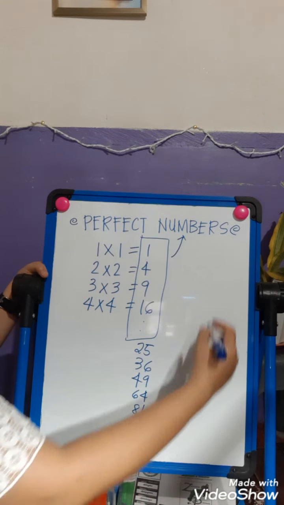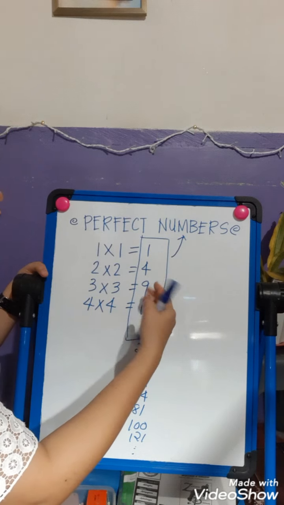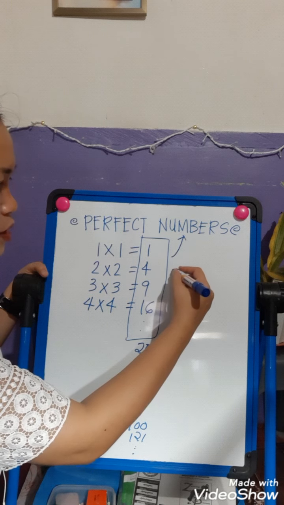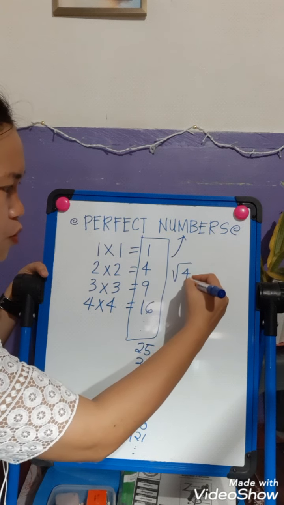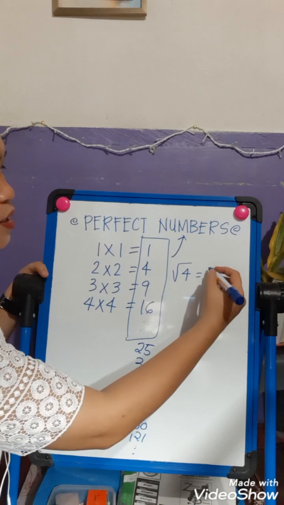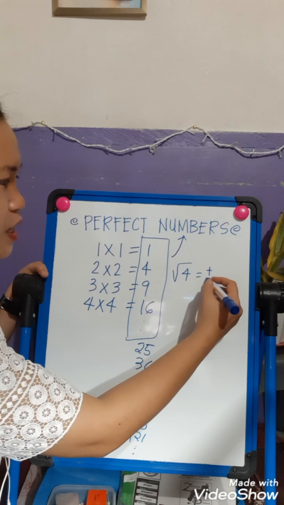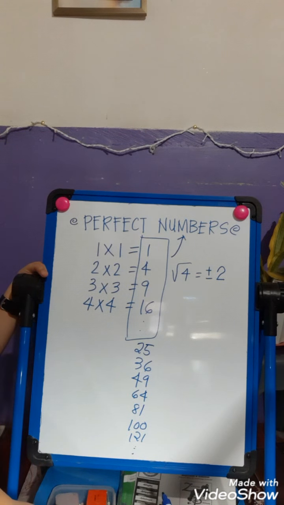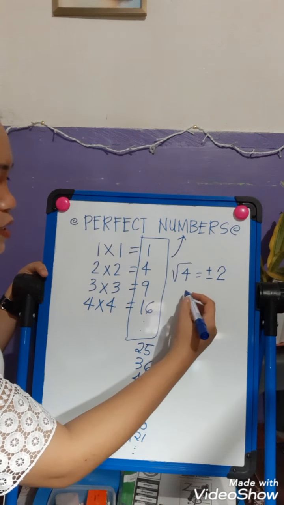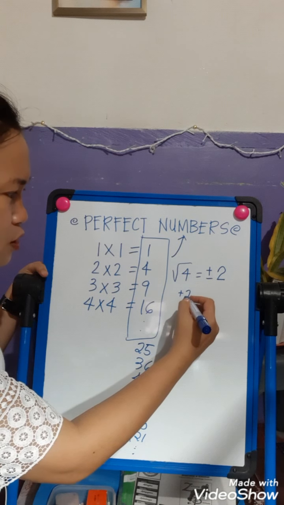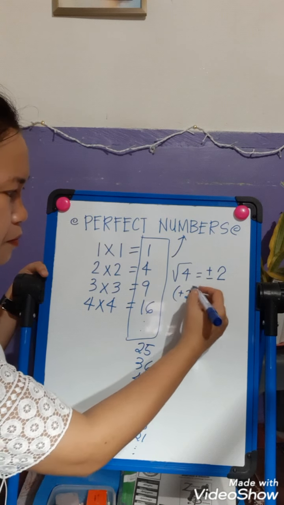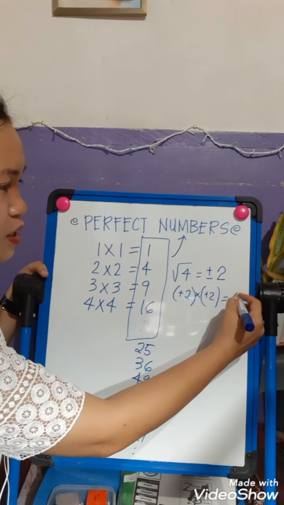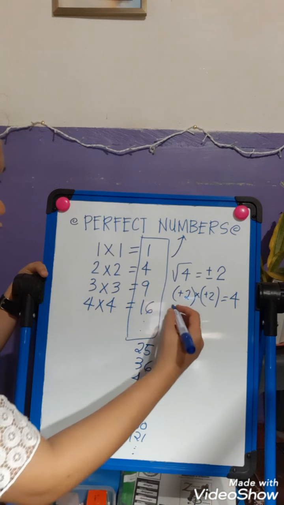And then, if we are to extract the square root of a perfect number, say for example, the square root of 4 is just the positive and negative value of 2. Because when we have positive 2 times positive 2, that is positive 4.